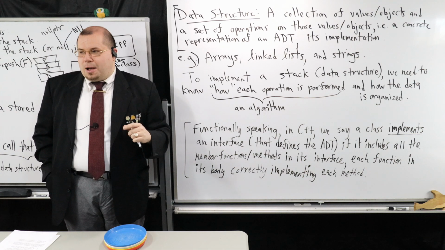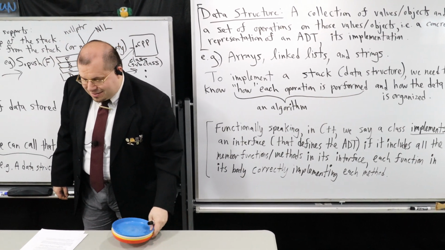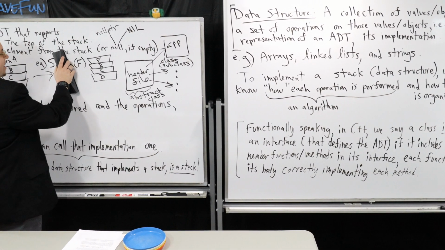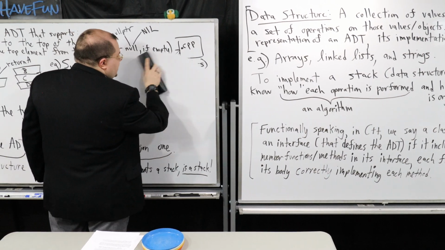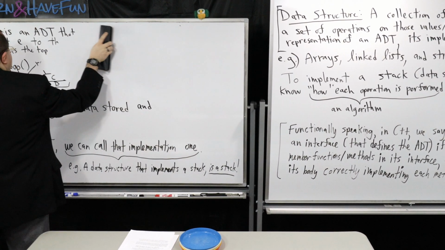So let's proceed. Let's talk a little bit about how we could actually take a stack and represent it and implement all of its operations. So remember, we have push and pop.